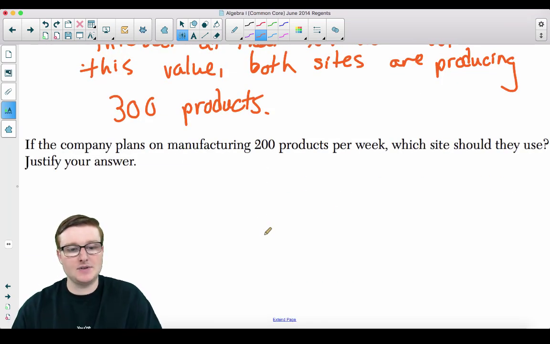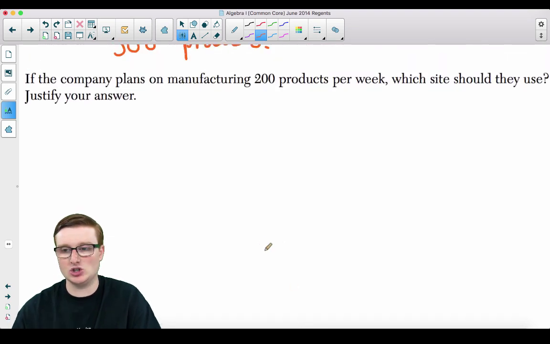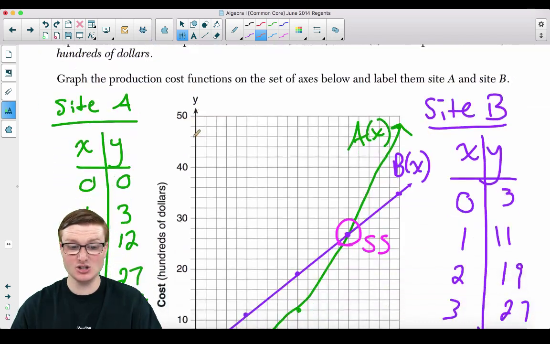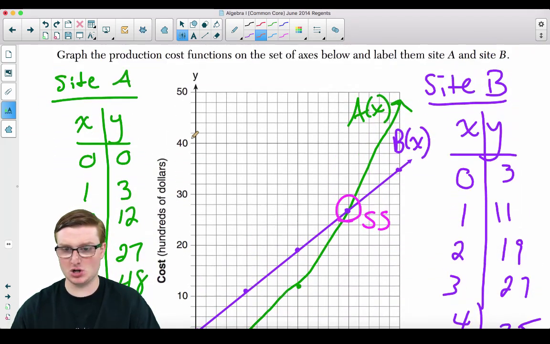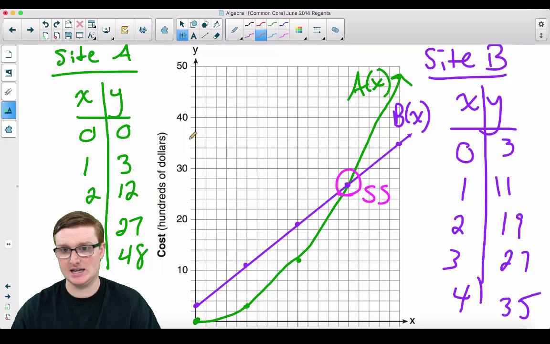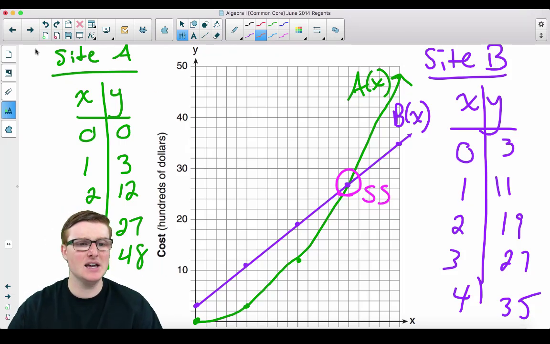All right, then it says if the company plans on manufacturing 200 products per week, which site should they use? Justify your answer. 200 products per week. Probably A of x, probably site A, because site A is increasing at a faster rate.